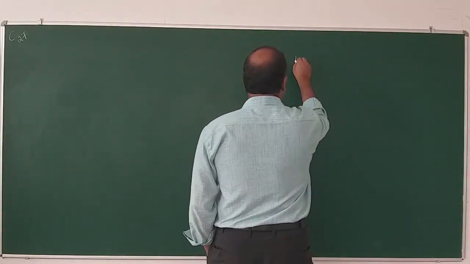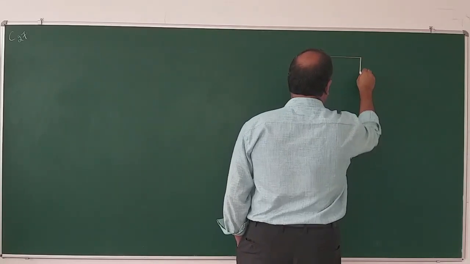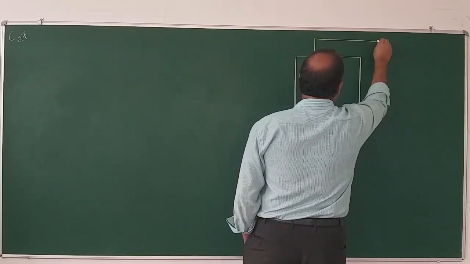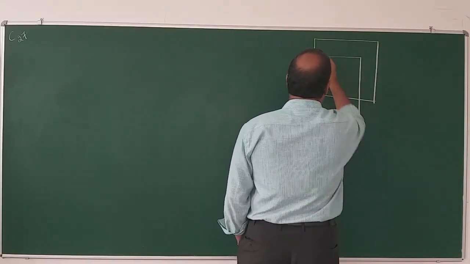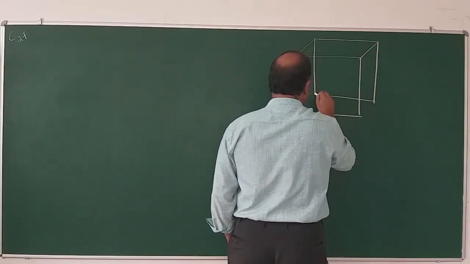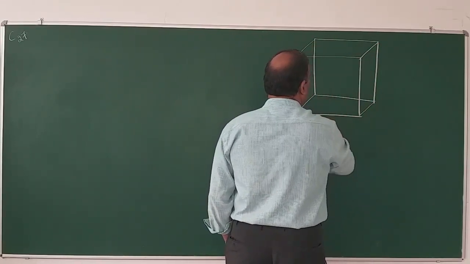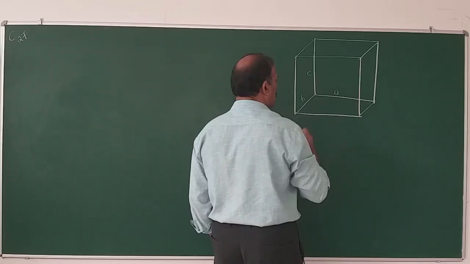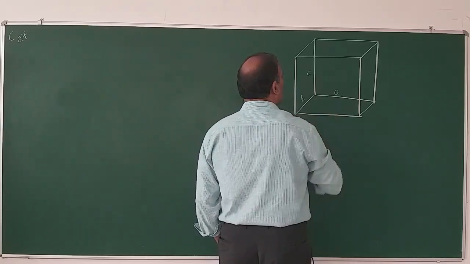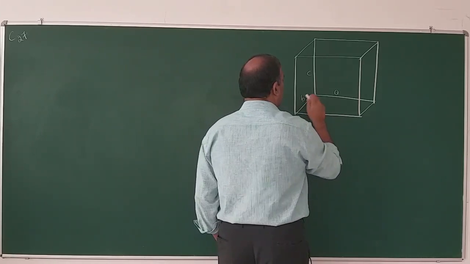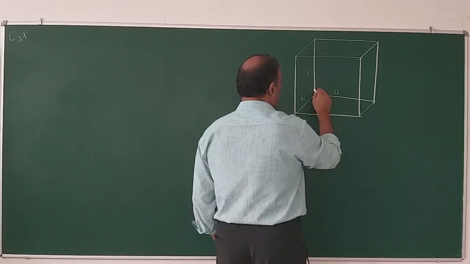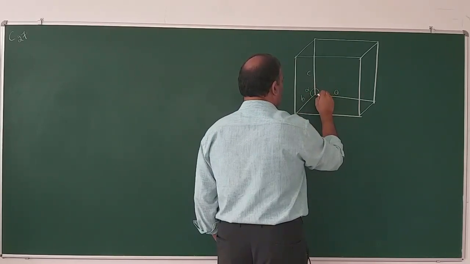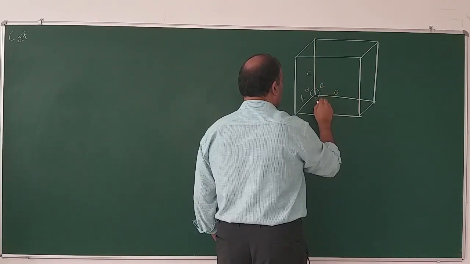Suppose this is the unit cell. This unit cell is characterized by the relative edge lengths A, B, C. They are also called axial distances, and another parameter is axial angles, namely alpha, A opposite alpha, B opposite beta, and C opposite gamma.